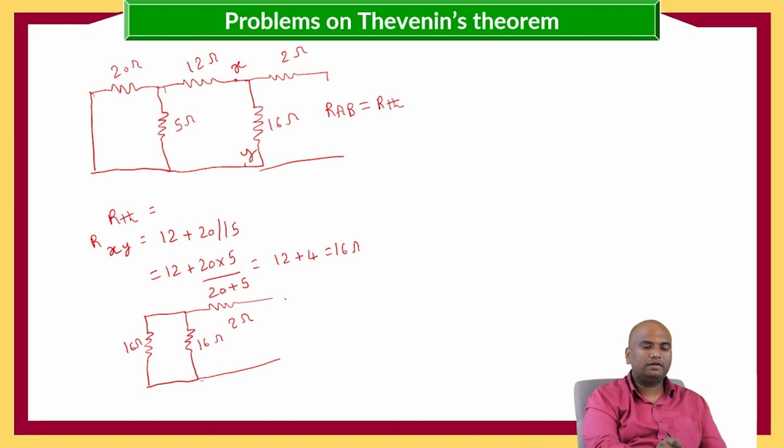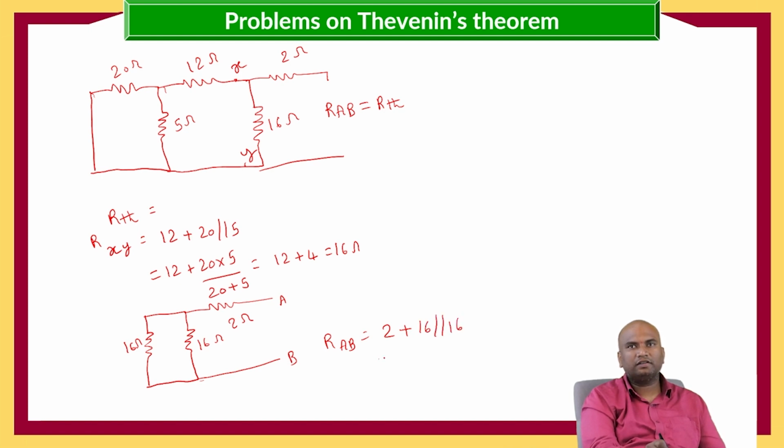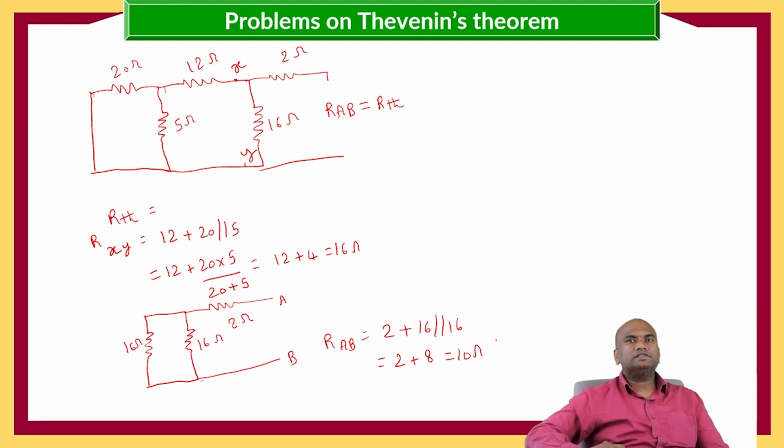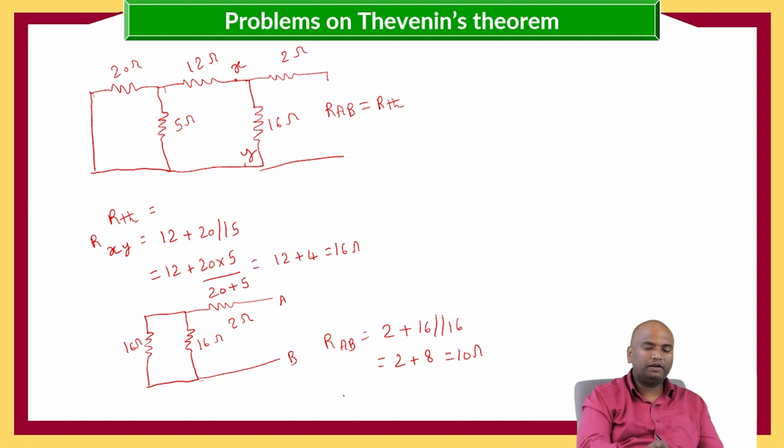So RAB is equal to 2 ohms in series with 16 in parallel with 16, that is equal to 2 plus 8, which is equal to 10 ohms. This is the RAB value, that is RAB is equal to RTH is equal to 10 ohms.